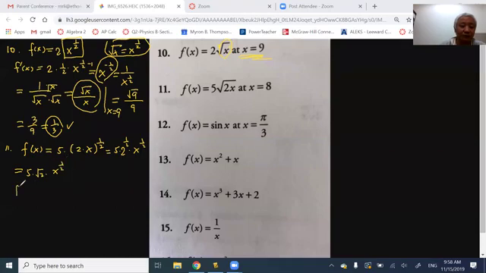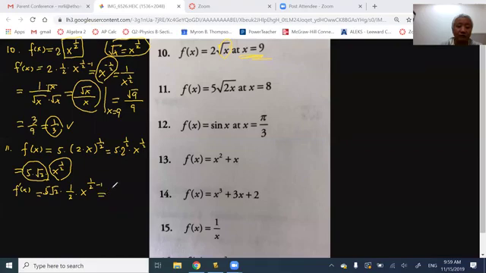So when you do the derivative this time, because this is a constant, we don't care about that. We simply put it in front, right? The 5 square root 2, and then we multiply by the derivative of this one now. By the power rule, we have a 1/2 in front, and x to the 1/2 minus 1.